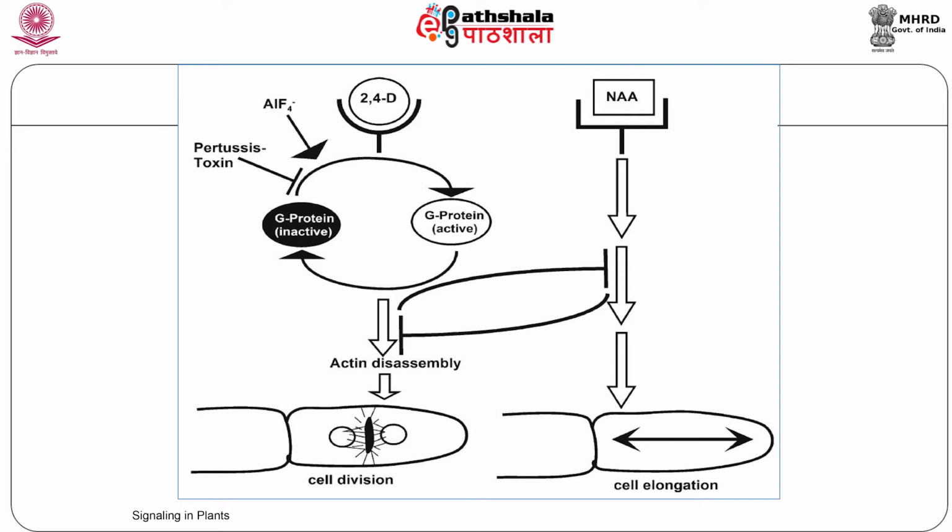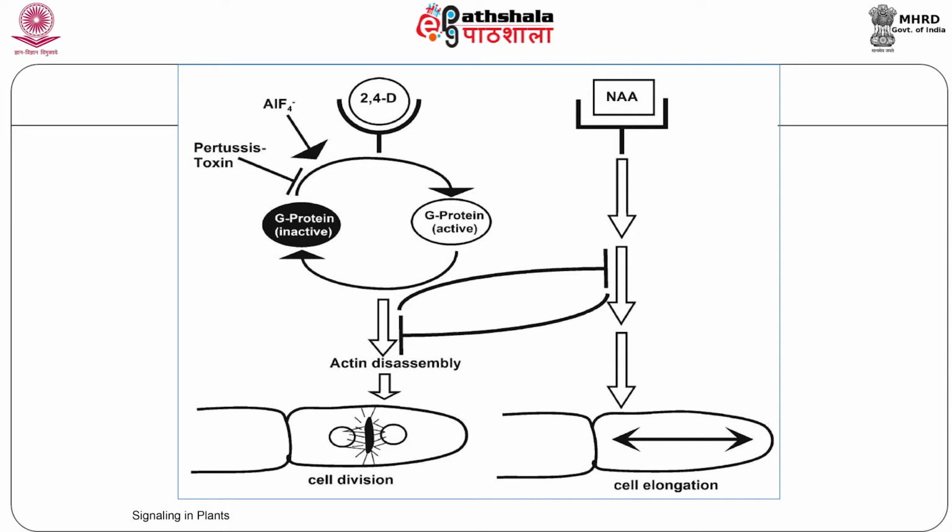Investigation of lateral root formation in Arabidopsis suggested that auxin regulates cell division through a G protein dependent pathway. Bifurcation of auxin signaling appears to imply a differential interaction with the cytoskeleton.